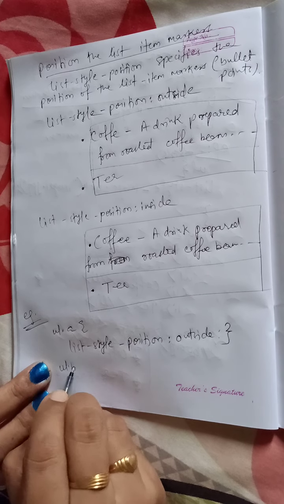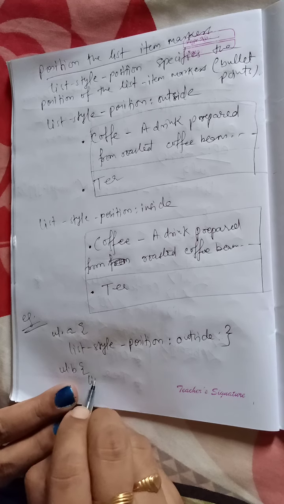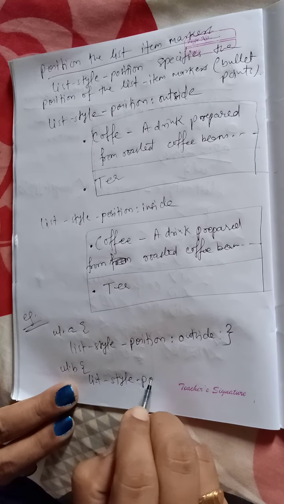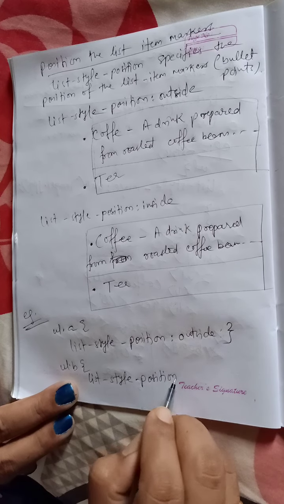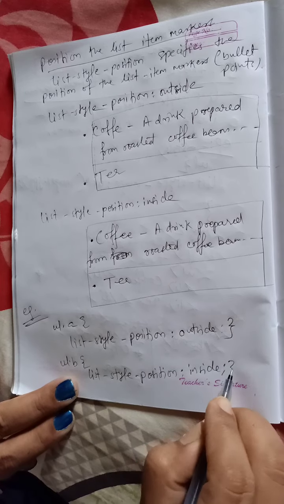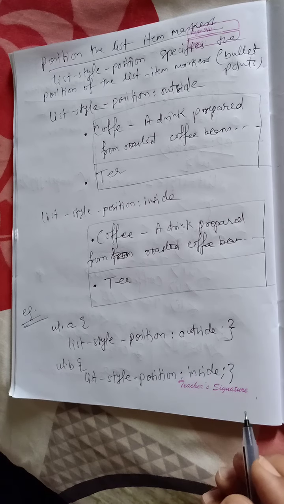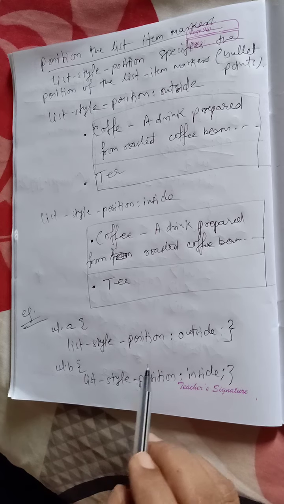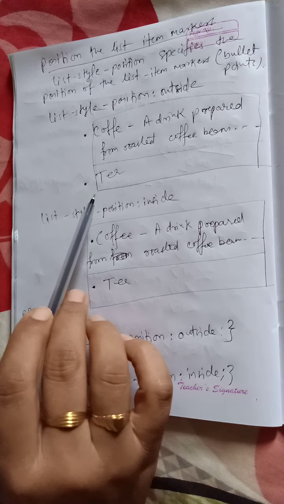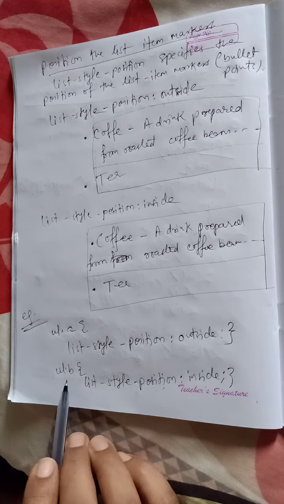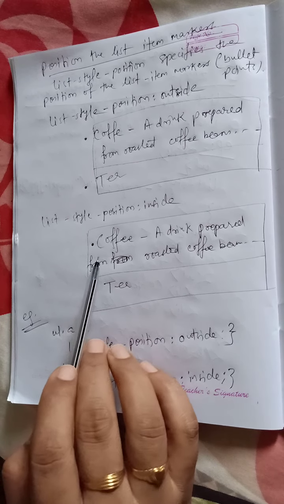Similarly, we can write list style position inside. Okay, so accordingly, if I am using these two for two list items, the first list item will have an effect like this, and the second one, which will be following this class B, will have an effect like this.